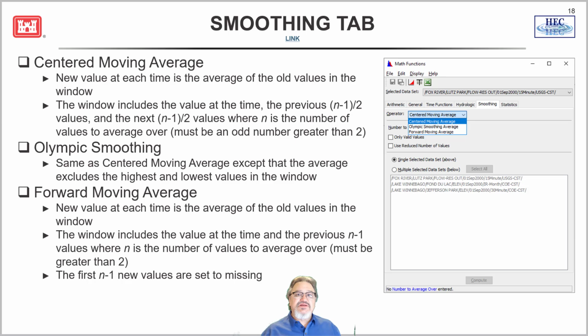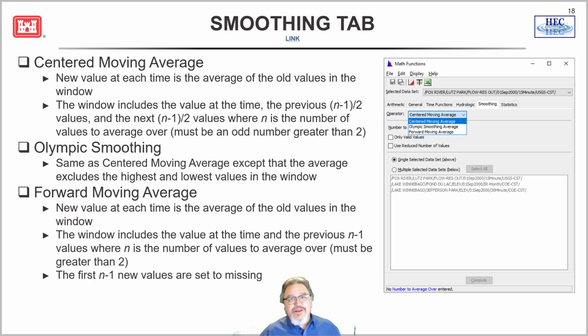So by necessity, the average stops at half of the window size away from current. Forward moving average doesn't have that downfall since it only averages values prior to the current time or prior to the time at hand. It can average right up until the current time.